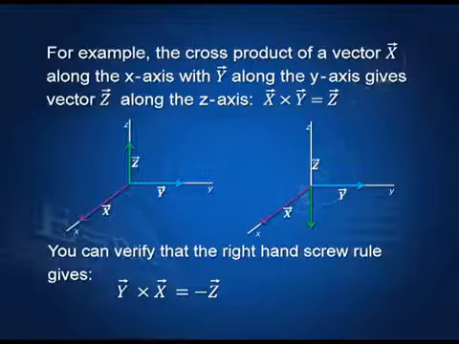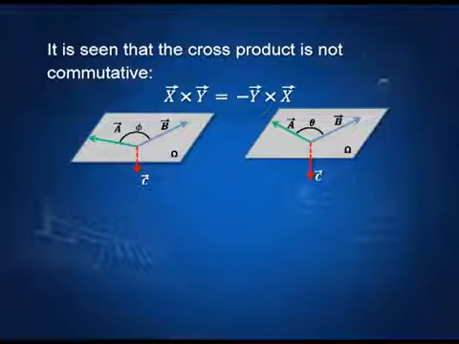So, the cross product of vector x and vector y is along the positive z direction, and the cross product of vector y with vector x is in the negative z direction. And you can see that in this case, and in every case in fact, x cross y is equal to minus y cross x.